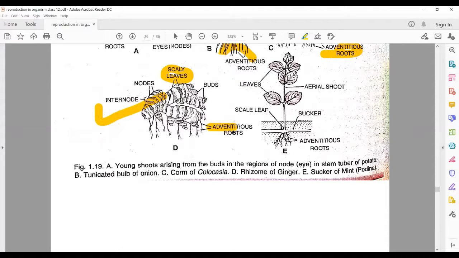From the nodal region, you can see adventitious roots have also developed there. You can also find a young bud developing in the figure, right? And the fifth one is a sucker of mint, that is pudina. So this is how the stalk is. You can see at the nodal region, adventitious roots will develop when it comes in contact with the soil, and through that a complete shoot will be given rise.